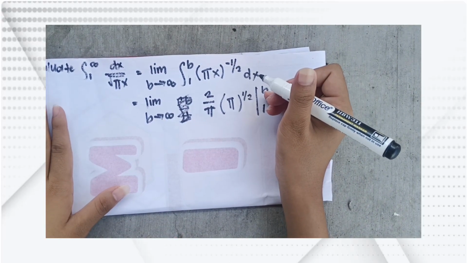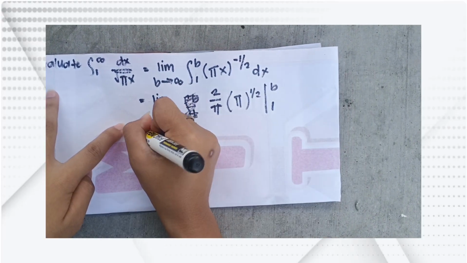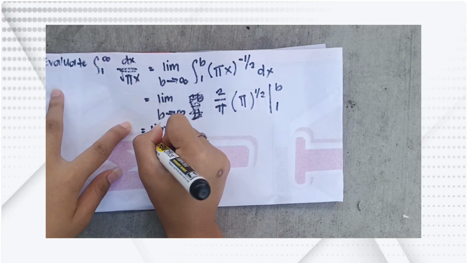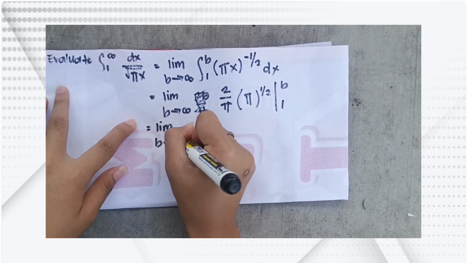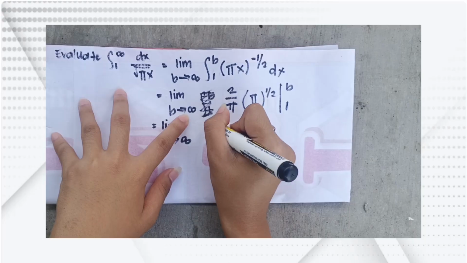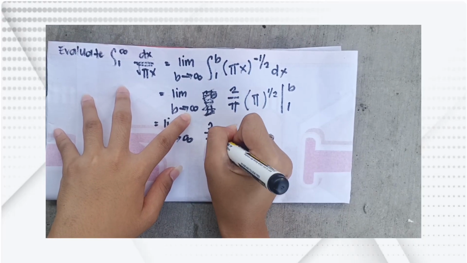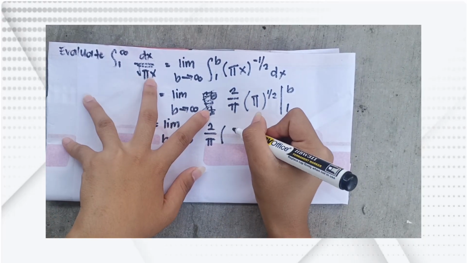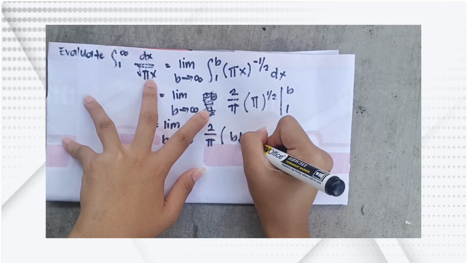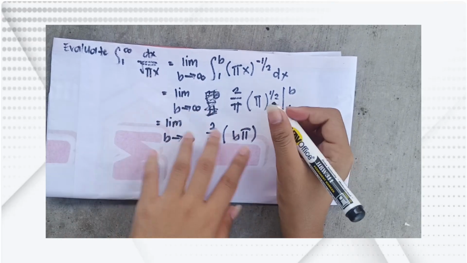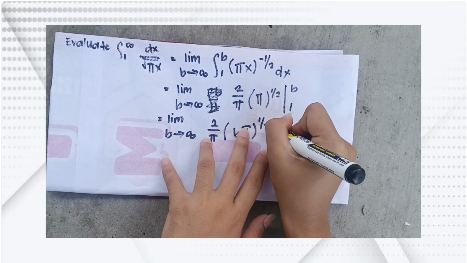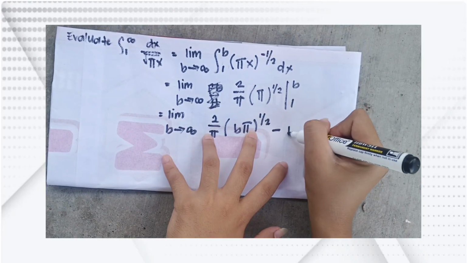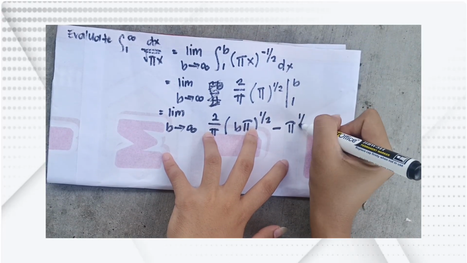Now evaluate the definite integral: it is equal to the limit as b approaches infinity of 2 over pi times b pi raised to 1/2 minus pi raised to 1/2.